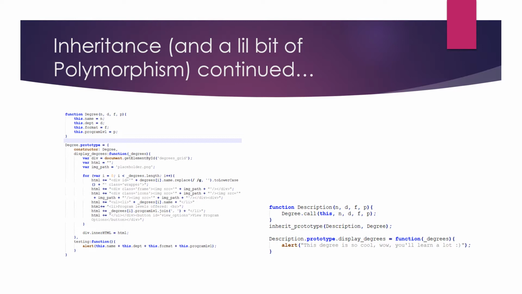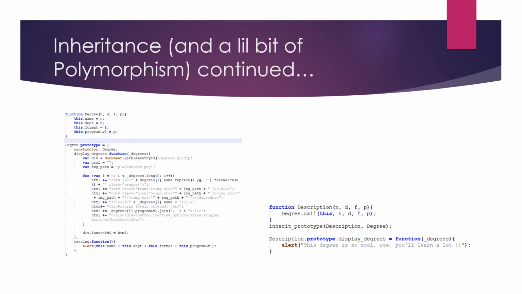Here we have our first object, and then I made a second object called description. In this object, it has a function called degree.call, which basically makes another object of degree. So description has the same data as degree, but it doesn't yet inherit its prototype. That's why we call the function inherit prototype, so that we can assign the properties of degree to description.